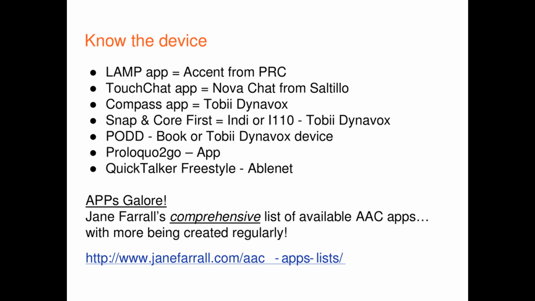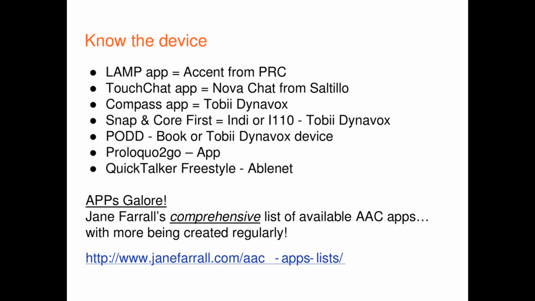Know the device. This is a big thing. In order for you to model and be successful, you have to know the communication device of your students. I just put a quick list here: the LAMP app is like the Accent device from PRC, the TouchChat app is like the NovaChat device from Saltillo, Compass app is on Tobii Dynavox, Snap and Core First is Tobii Dynavox. It can be on the Indi or the I-110. I have a student using a PODD book, and another using PODD on a Tobii Dynavox device.